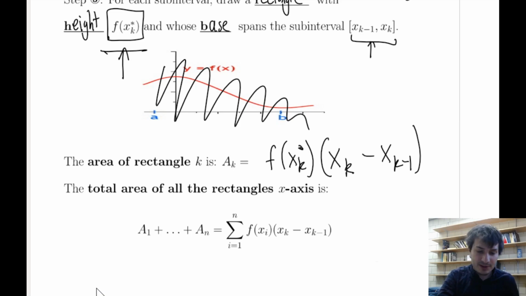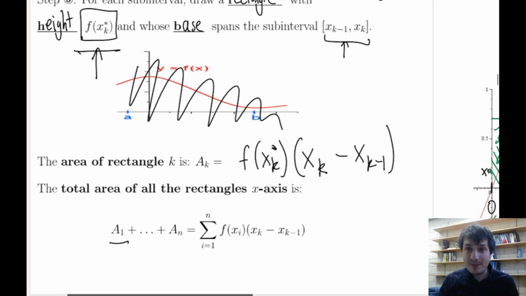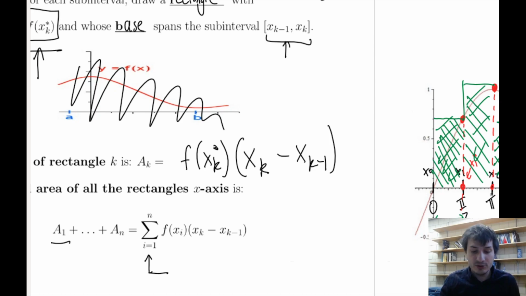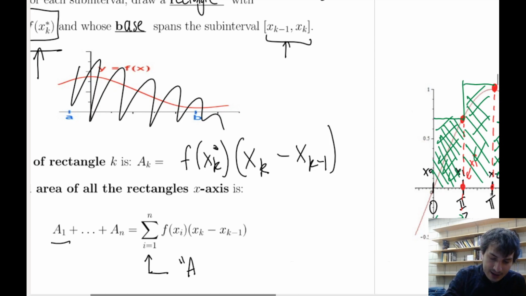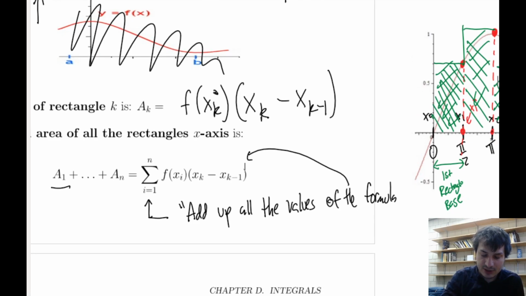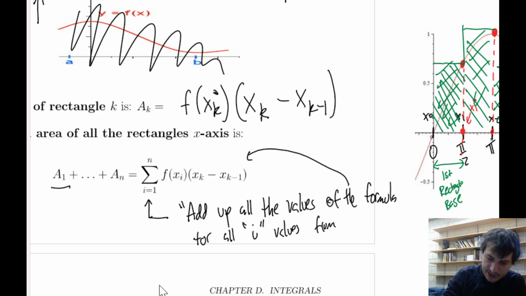If you add them all up, you do a1 plus a2 all the way up. In our case, there's going to be 4 things. You add them up, and when you add them up, you can use this sum notation. So this sum notation is telling you to add up all the values of the formula that appears here, for all i values from 1 to n.